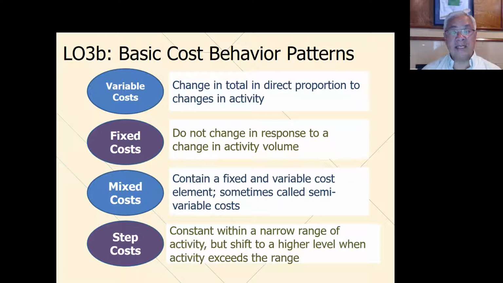So we have to open a second shift, say from 5 p.m. till 1 a.m. So that might be the evening shift. Then we might have the shift that goes from 1 a.m. to 9 a.m. That would be the graveyard shift. So in a production environment, an example of step costs would be a regular day shift, a swing shift, and then a graveyard shift.